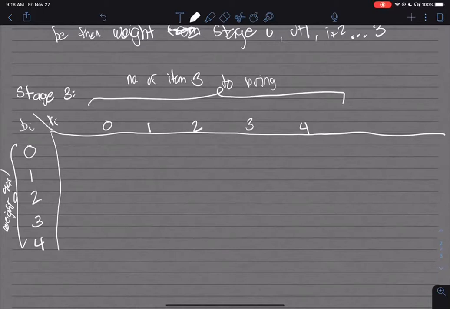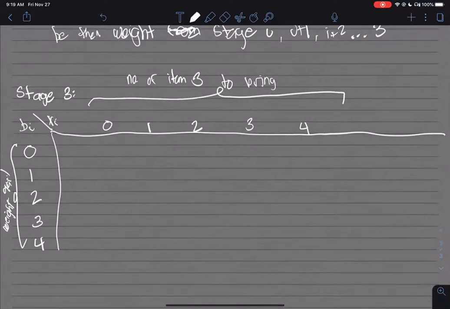Okay. So if I have 0 items left, let's start with Aaron. Aaron, hello. Hello, sir. Hi, Aaron. If I have 0 weight left for item 3, can I bring 0 items of item 3?